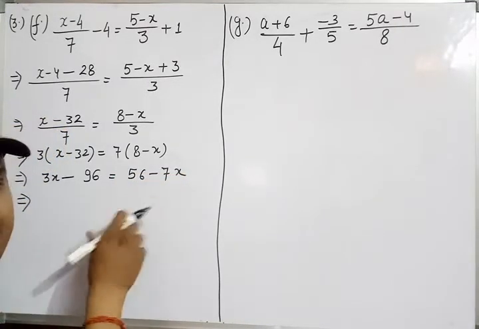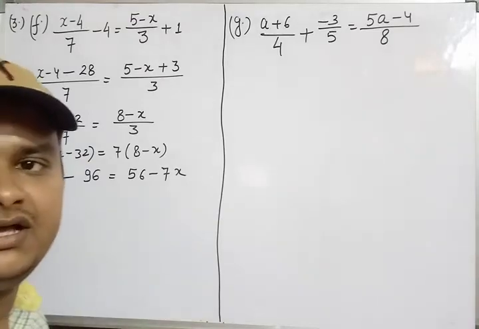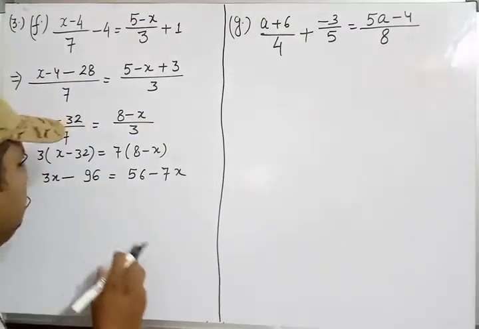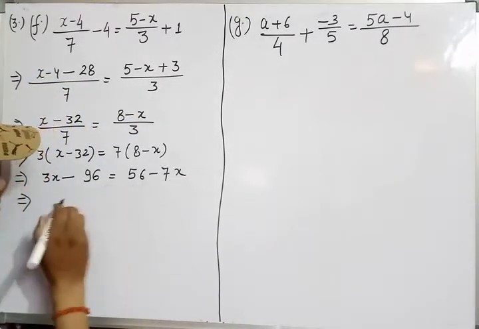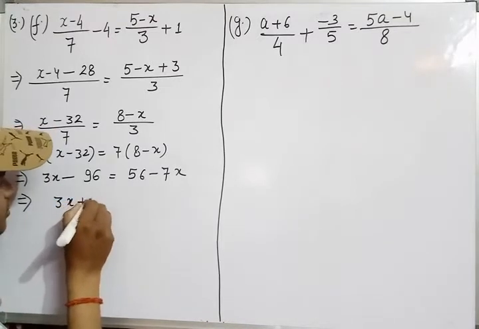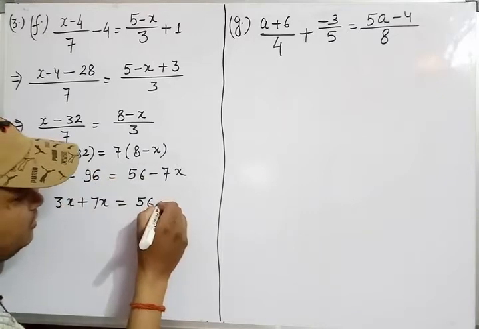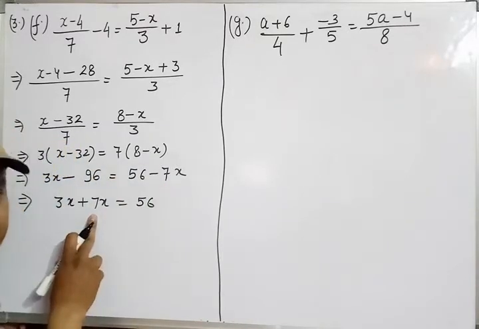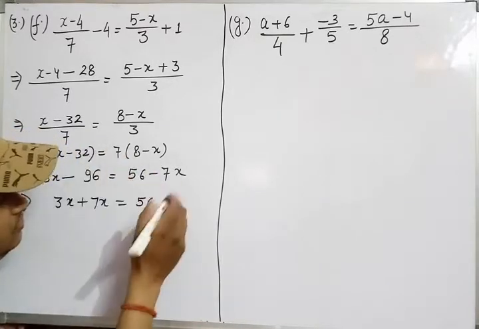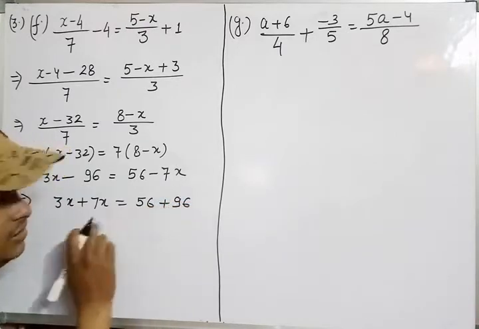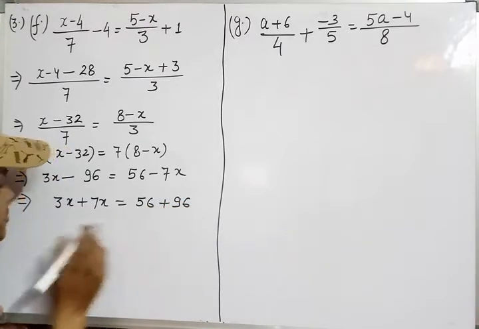Student, this is the time we have to apply the transposition method. So here you have to shift this 7x to LHS, and 96 to RHS. Then their sign will be changed.